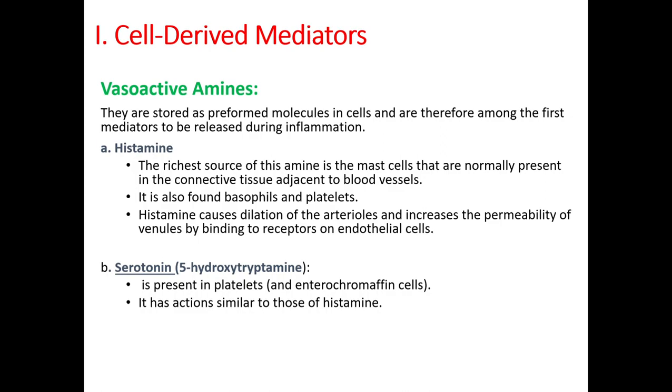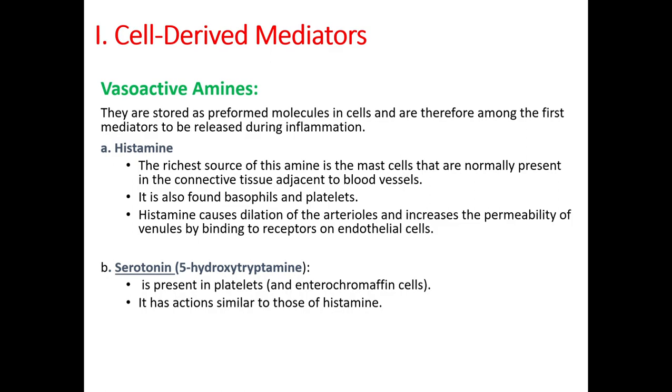They are stored as a preformed molecule in the cell and are therefore among the first mediators to be released during inflammation. Once they are stored in the cell, they are ready to act. So when there is inflammation, they are rapidly released to the bloodstream from their store inside the cell.